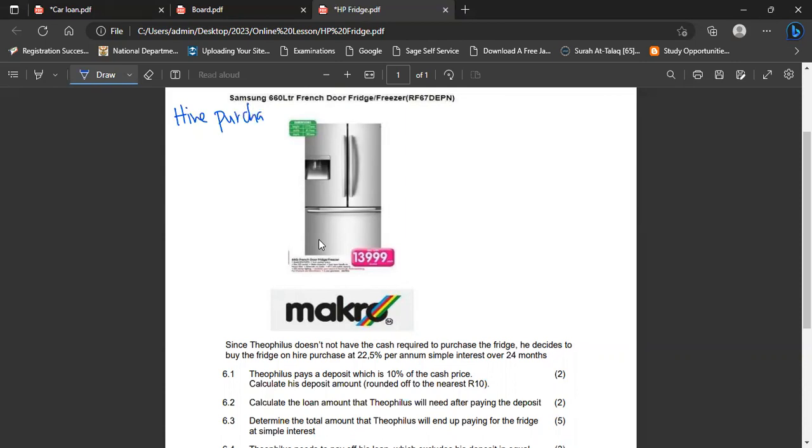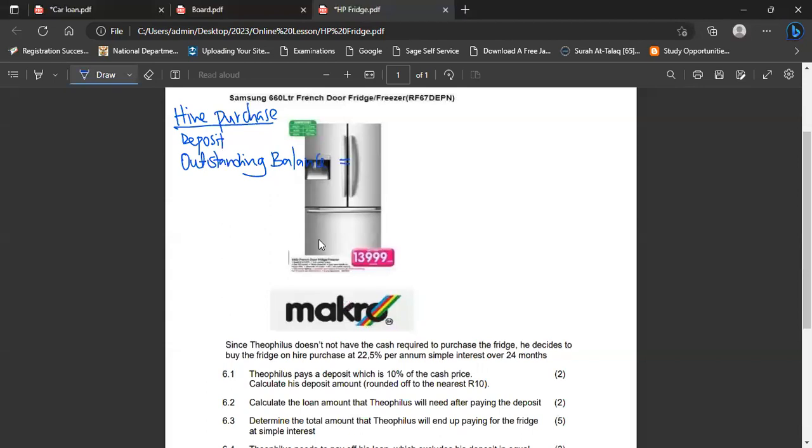someone buys under hire purchase, one will have to put down a deposit. Then after putting down the deposit, we have what we call the outstanding balance.